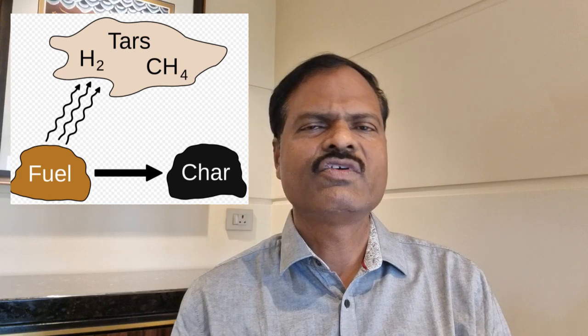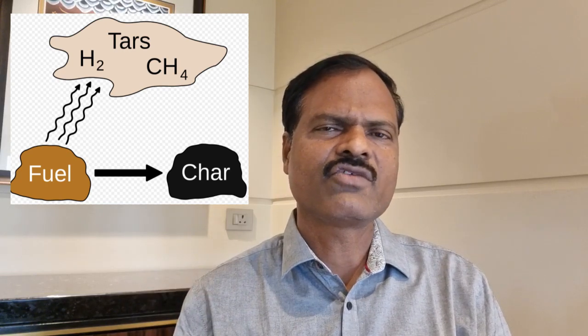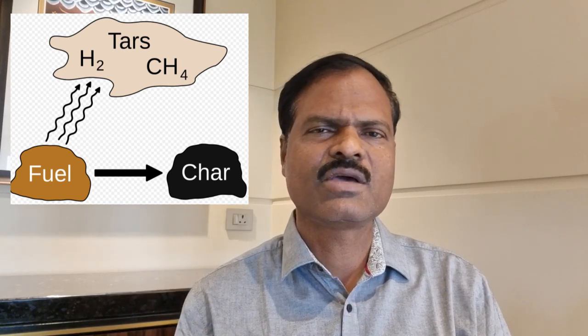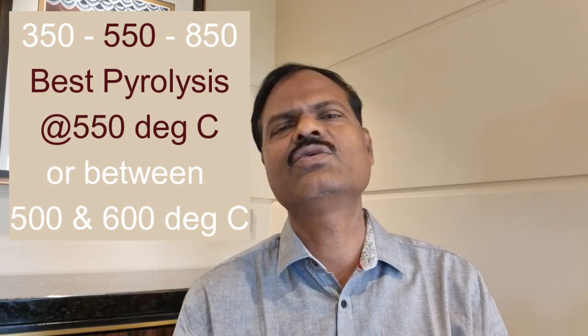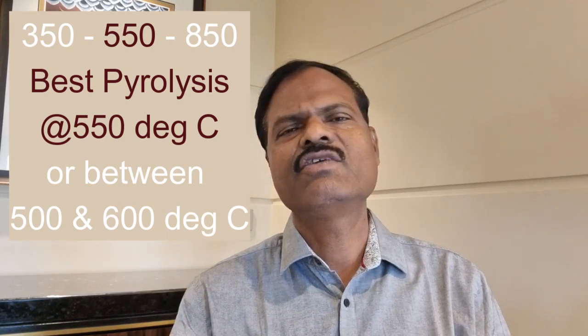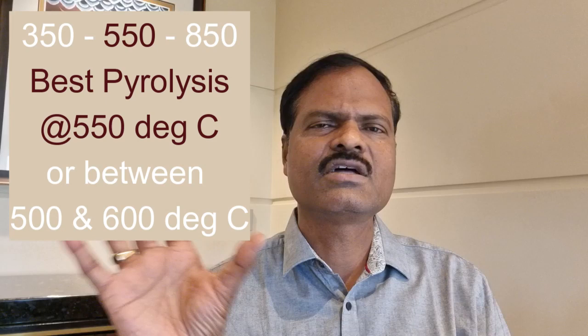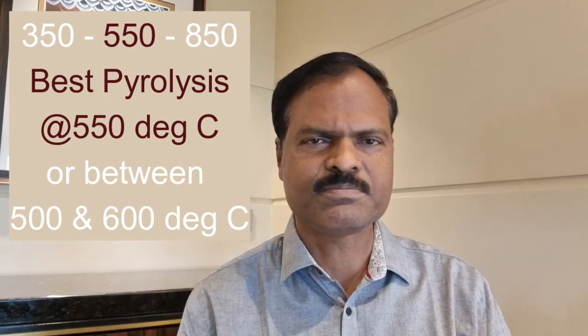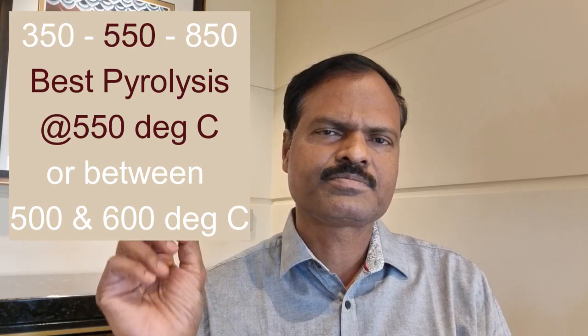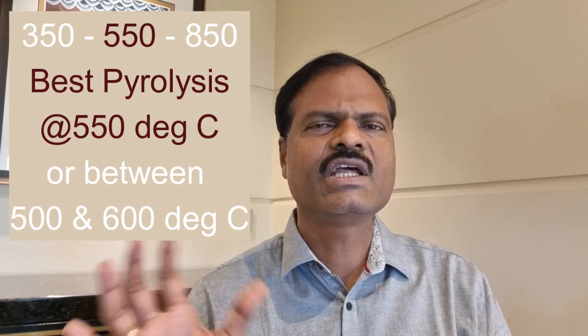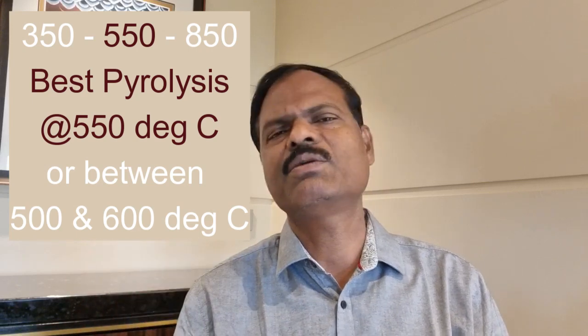The optimum temperatures that are defined usually are, say, up to 250 degrees centigrade we call torrefaction. From about 350 to around 850 degrees centigrade is the broader range of pyrolysis, and around 550 degrees centigrade is very optimum.